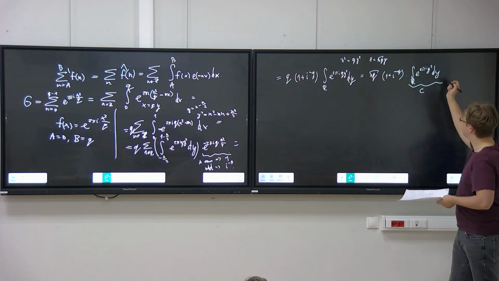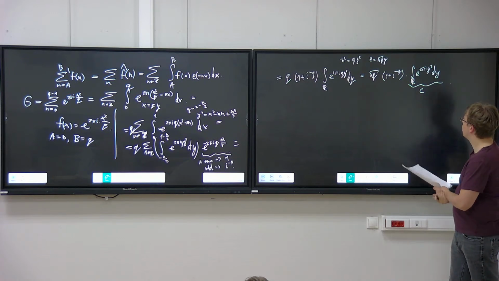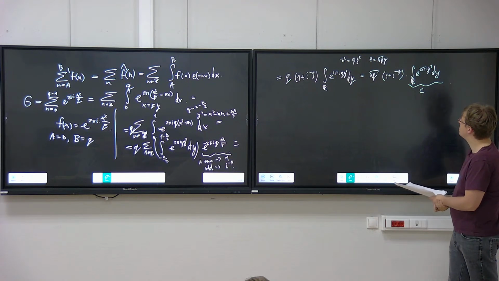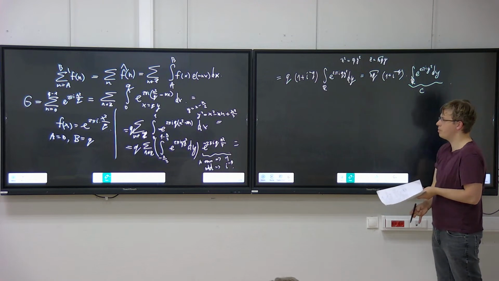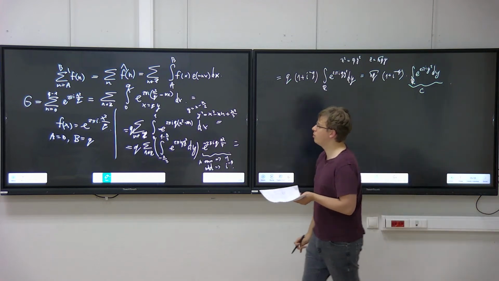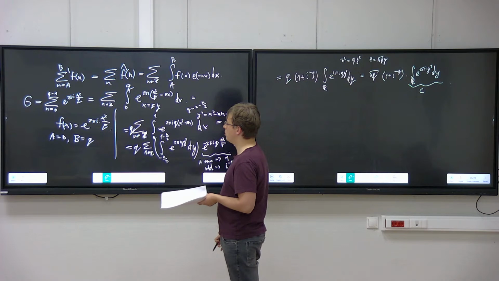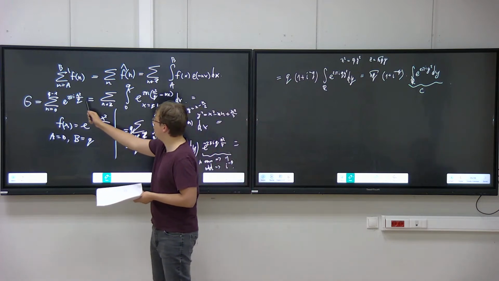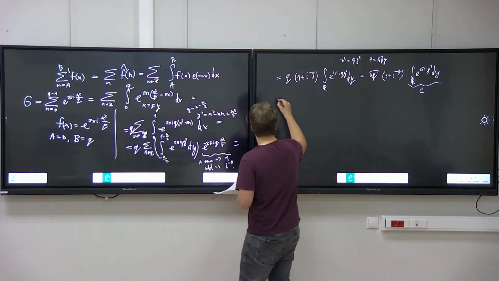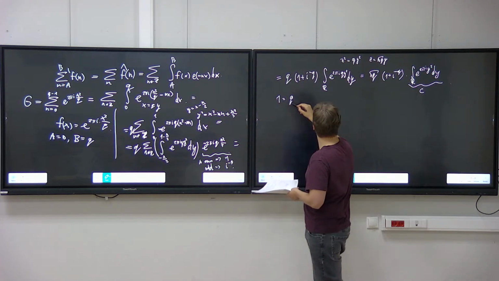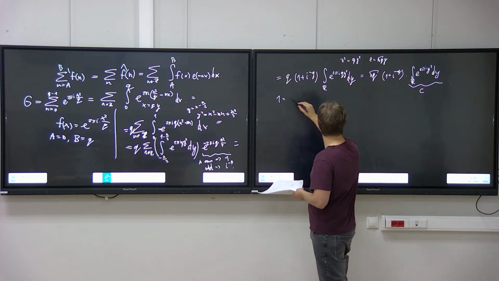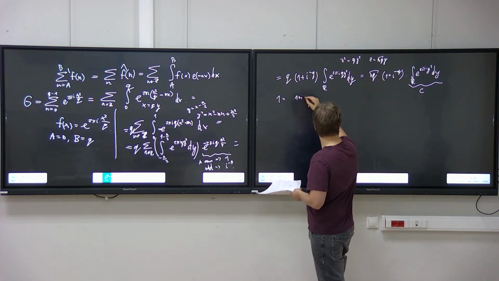Wait, what is this q squared? What did we get? Okay. Yeah. Same. And this is an absolute constant. And for example, we can take q equal to 1. Then G is equal to 1. So we get 1 is equal to c times 1 plus i to the minus 1.